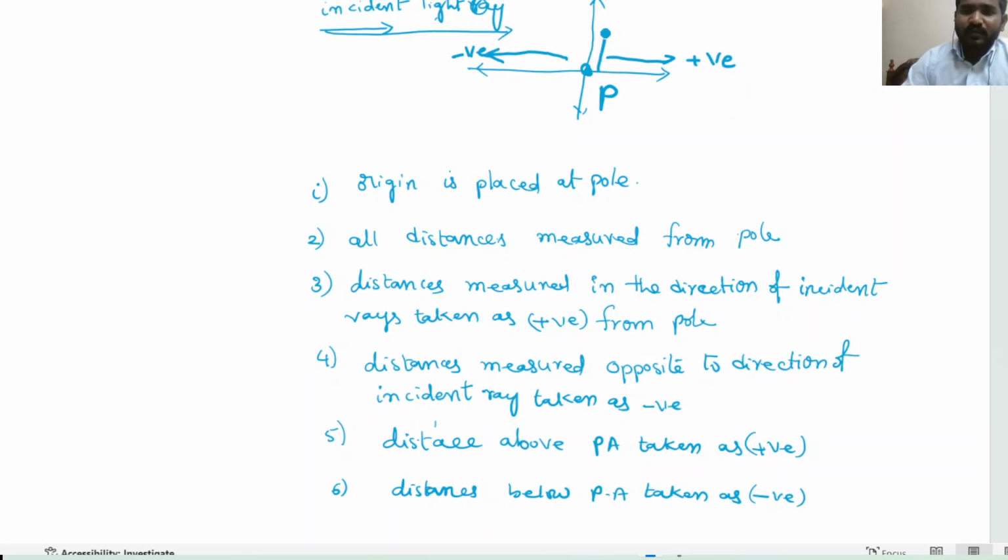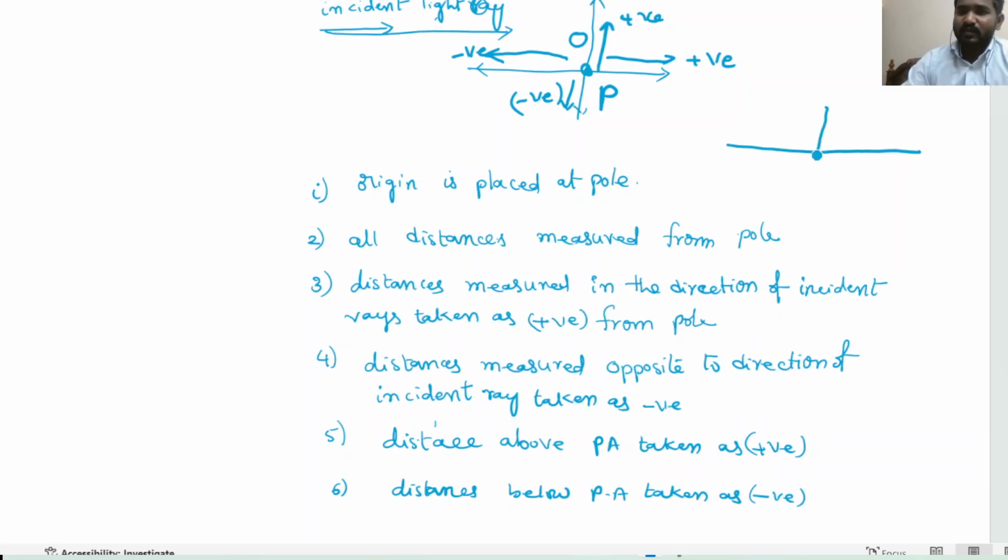Distances above the principal axis are positive, and distances below the principal axis are negative. All distances should be measured from the pole itself. That's why the pole is treated as the origin. Now, one more sign convention we need to make.